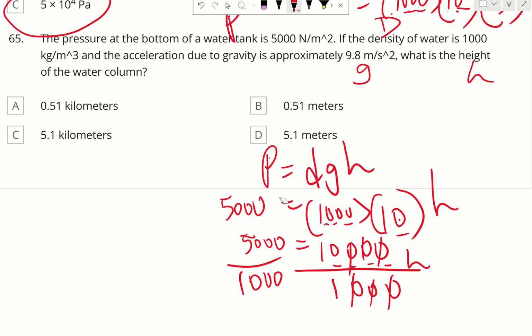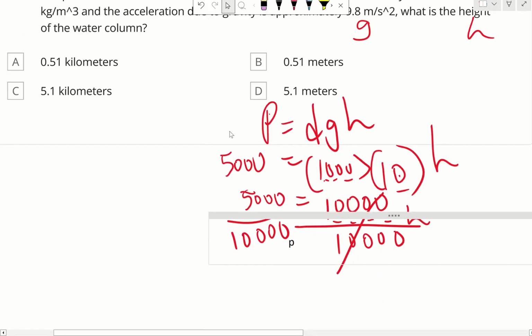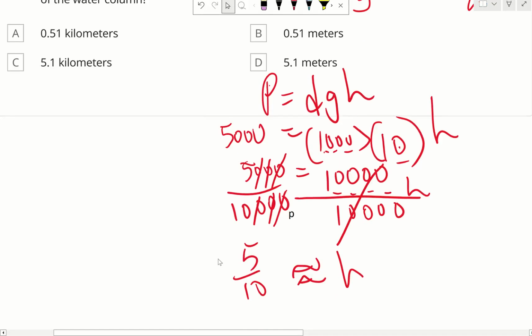Okay. 10,000, right? And divide by 10,000. So it just cancels each other out. For every 0, I'm going to cross out 1 zero. So 5 over 10 is approximately my h, or my height. 5 over 10 is 0.5.